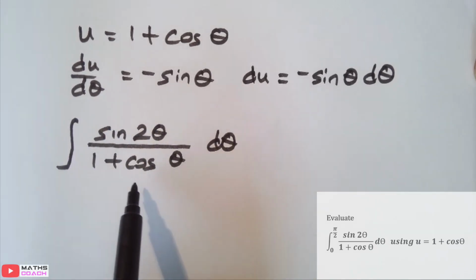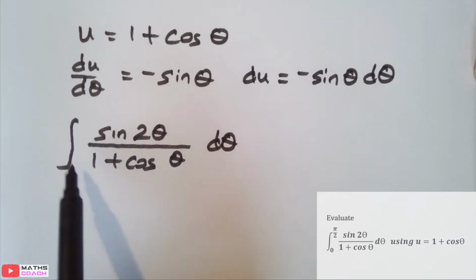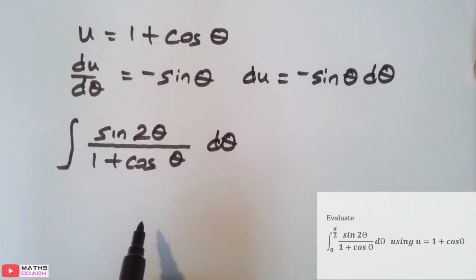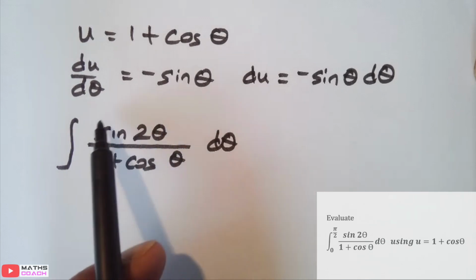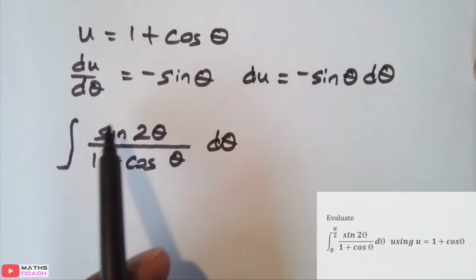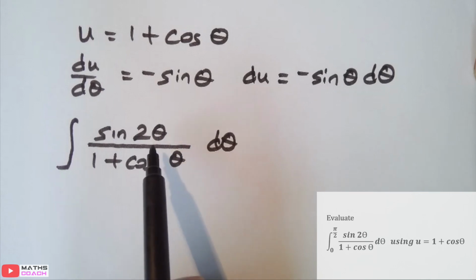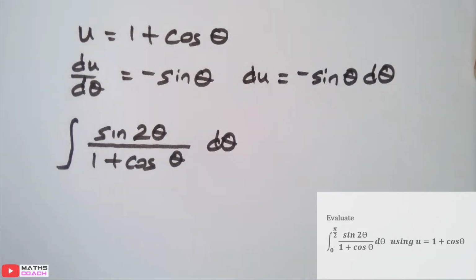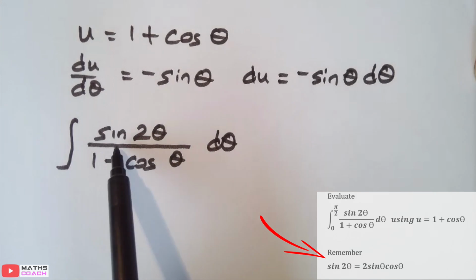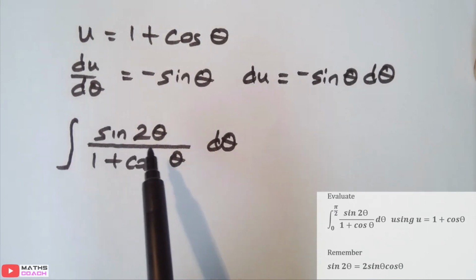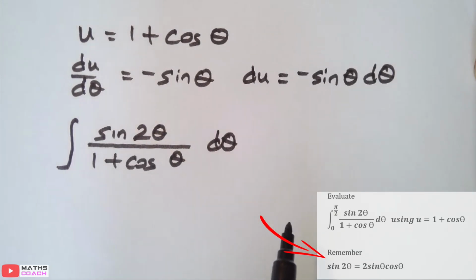There's no harm in an exam to ignore the limits in the middle of a question. What we do need to worry about is this sine 2 theta. This is part of your double angle, so you need to know your double angle rules. Sine 2 theta equals 2 sine theta cos theta.